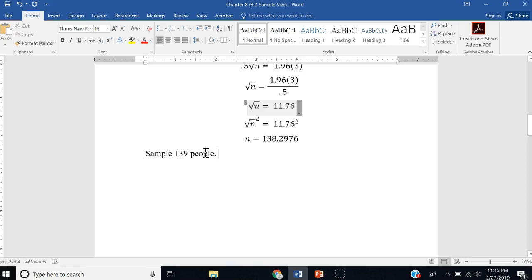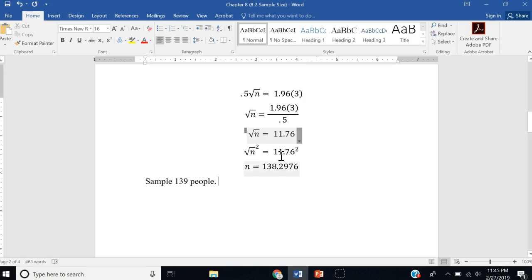So if I go up to the nearest whole number, I get slightly under a half an inch. If I would have said sample 138 people, you would have gotten slightly more than a half of an inch worth of error. So I always want to go up to the nearest whole number when we're doing these problems.